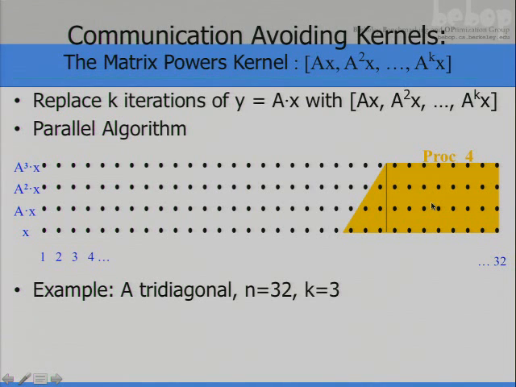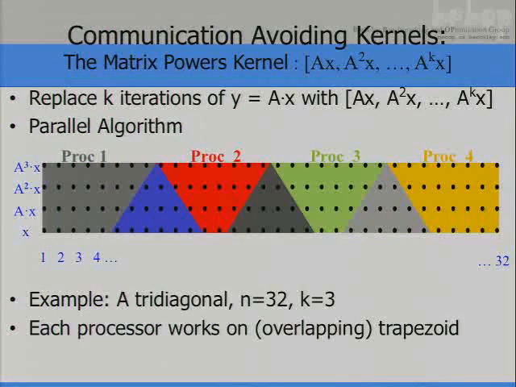And so if I draw them all at the same time, I get some overlap there. So the region in this triangle is going to be computed redundantly by processor 1 and processor 2. They're going to compute it, but hopefully, imagine that this stretch here is actually a very, very long and skinny trapezoid.